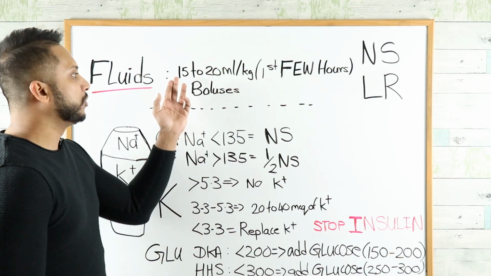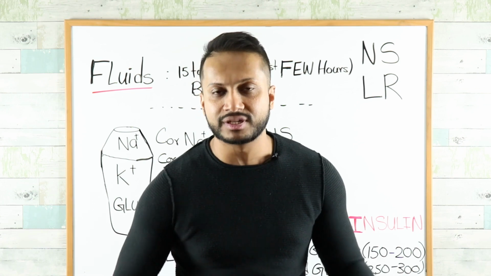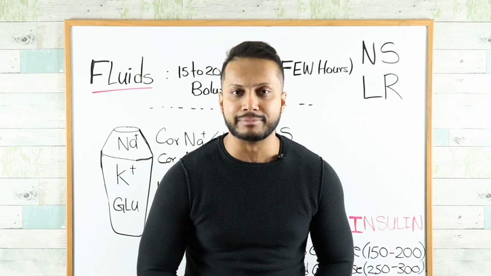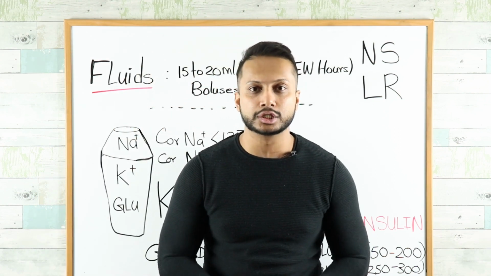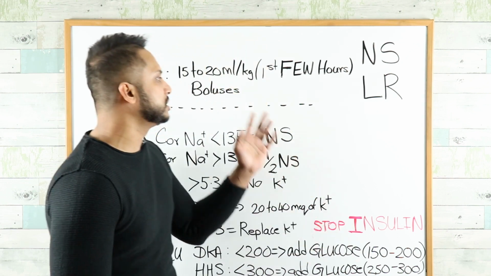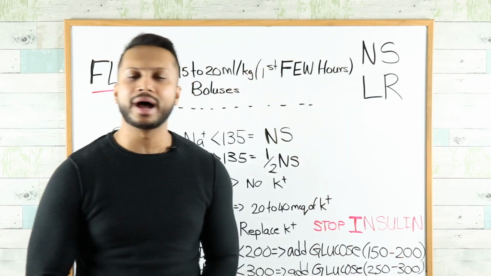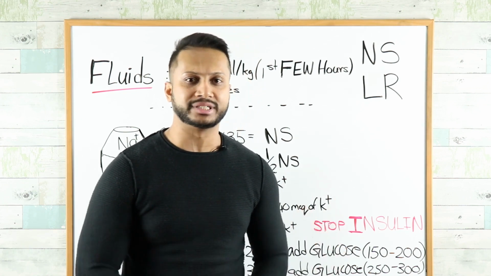You are going to give them about 15 to 20 milliliters per kilogram of body weight. So if somebody was about 70 kilograms, you're going to give them almost 1.4 to 1.5 liters of fluid as boluses within the first few hours. I would give them 1, 2 or even 3 liters as needed to improve their volume status first.